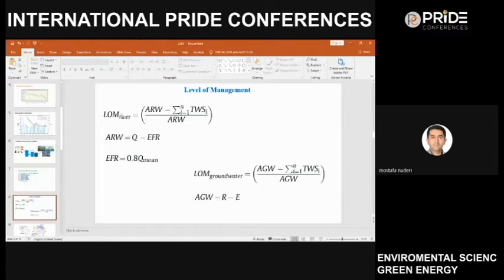So we can say that the LOM represents the residual volume of water after supporting the ecosystem flow requirement and water used by humans. And again, the LOM for groundwater is defined similarly to that for the river: available groundwater minus total water supply, to the initial available groundwater.